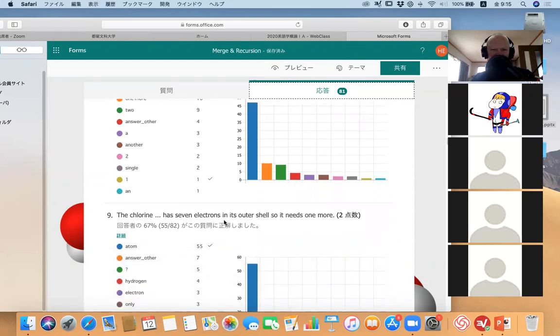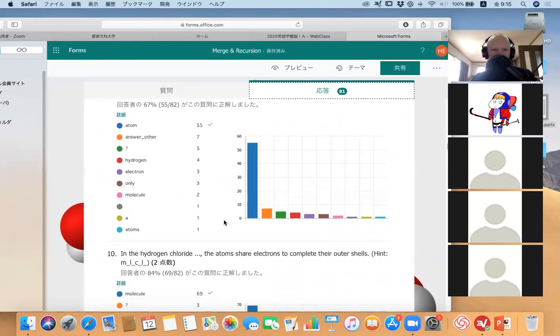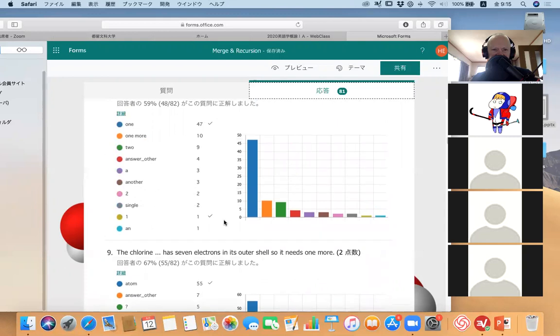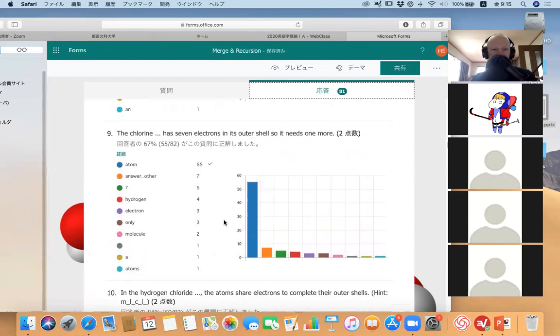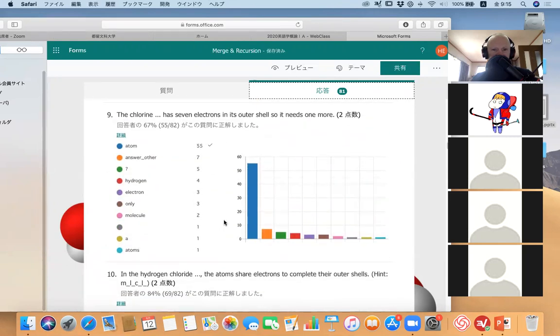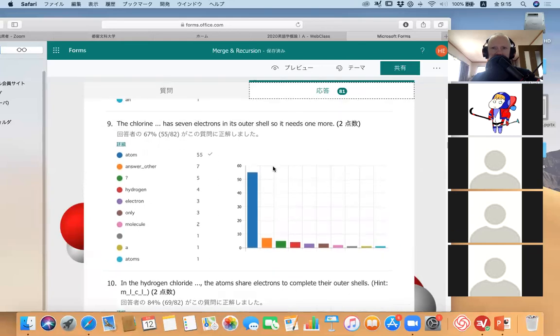So that's its valency actually. But I'm not going to worry too much about that. That's fine. If you said two, that's kind of the right answer. It needs two electrons in its outer shell, but it needs one extra one, right? So it needs one more, yes. Atom is good.